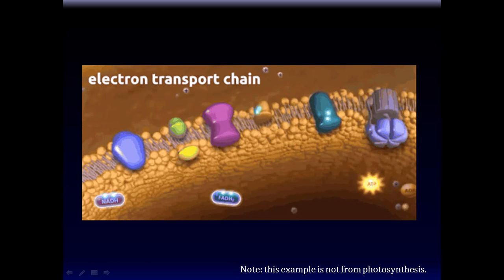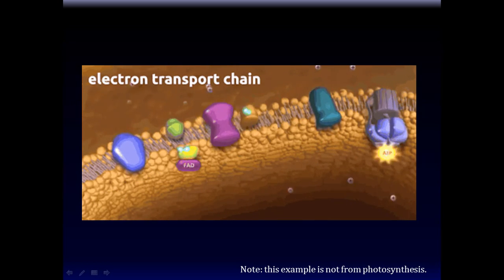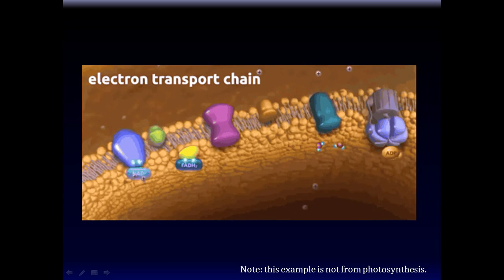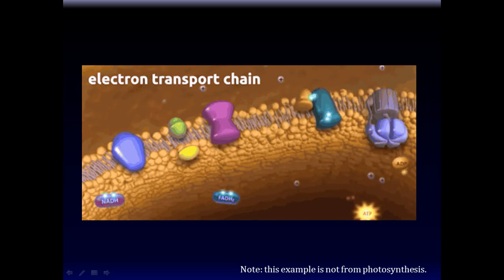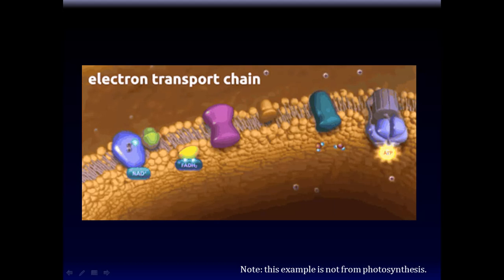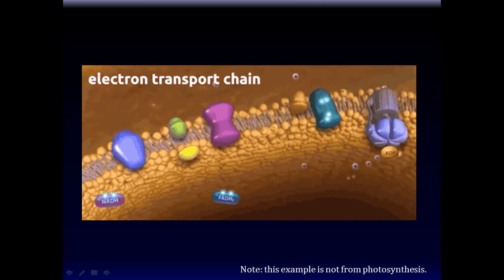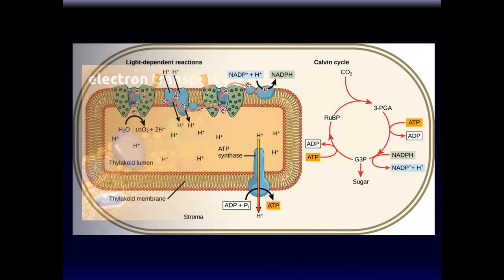That's the concept I want to convey, the shuttling of electrons that occurs in the process depicted here. And this is ATP synthase over here that's going to make ATP. This process is similar to what we were talking about. I wanted to convey the idea of how electrons are shuttled between these proteins.